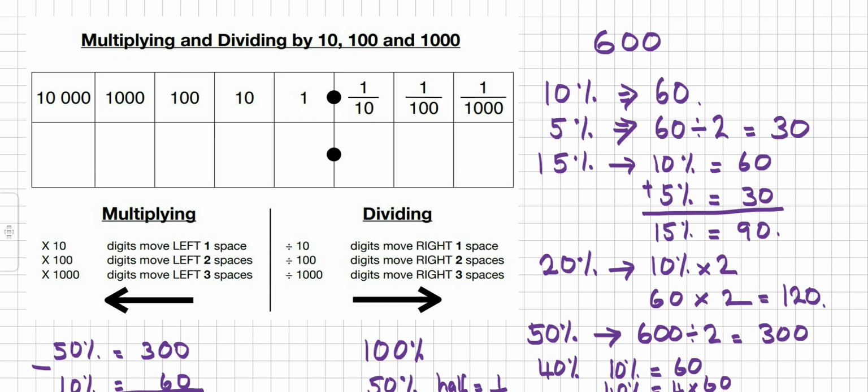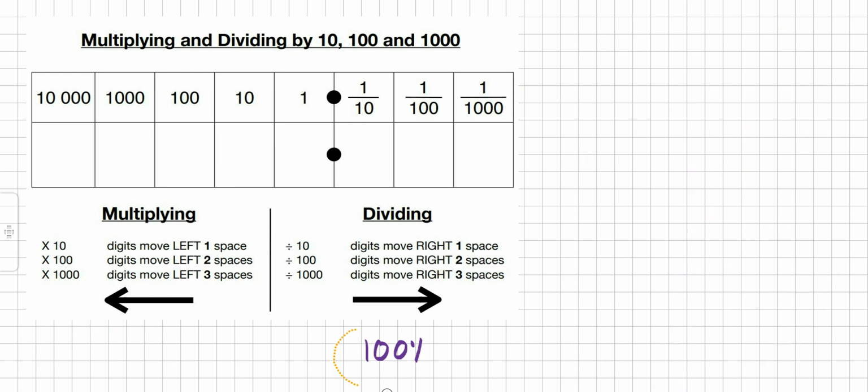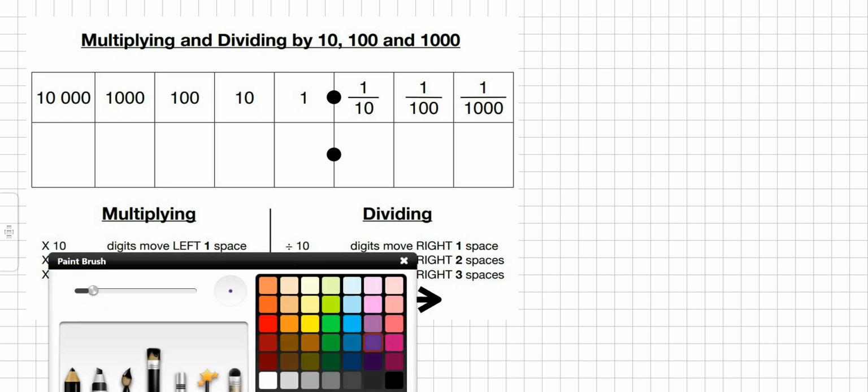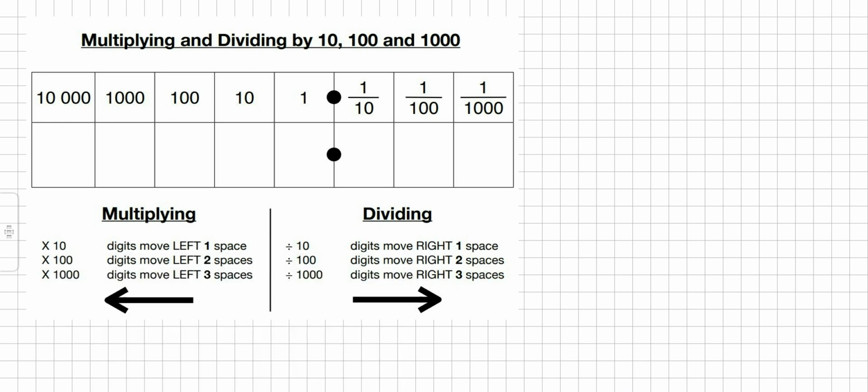Okay, I'm going to wipe this, but of course you can watch this again and take snapshots if you want to, because I want to look at one more thing. So we know that to find 10% we divide by 10. So what about if we wanted to find 1%? Well, 1% we know means 1 out of 100. And this 100 at the bottom is a division.